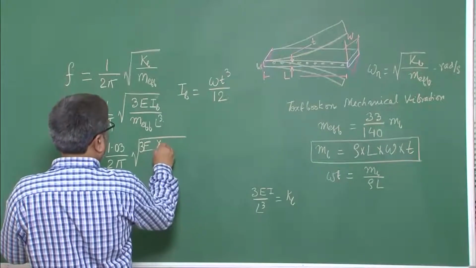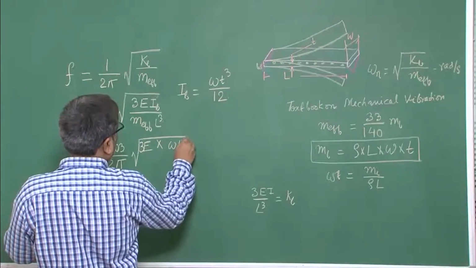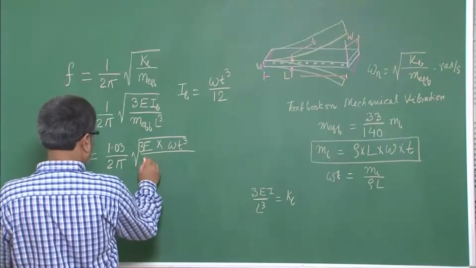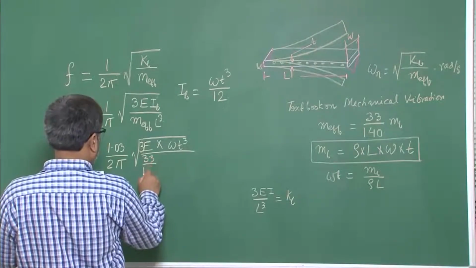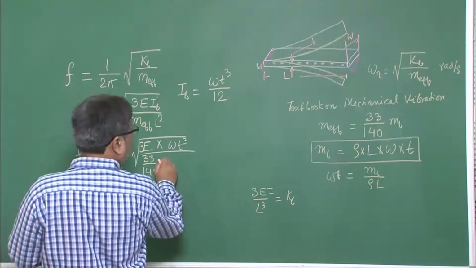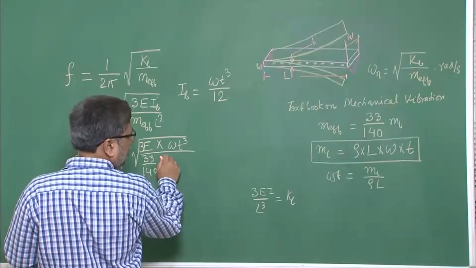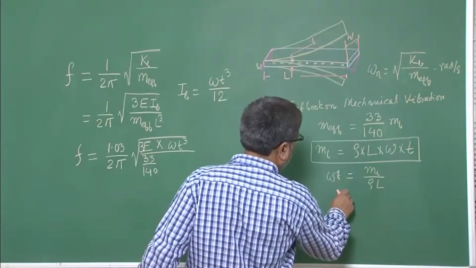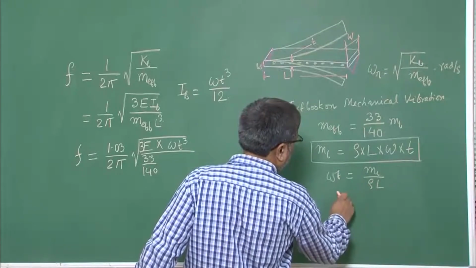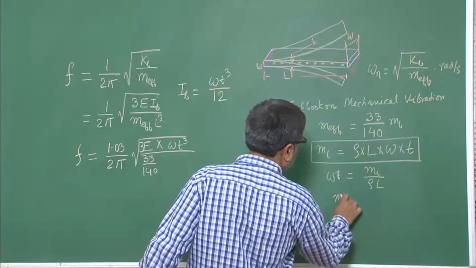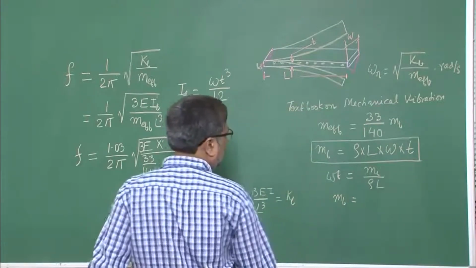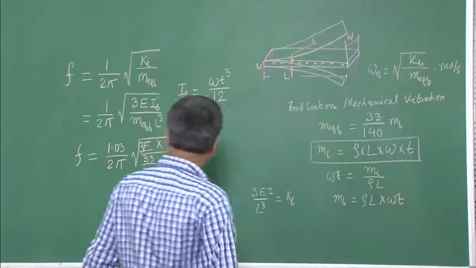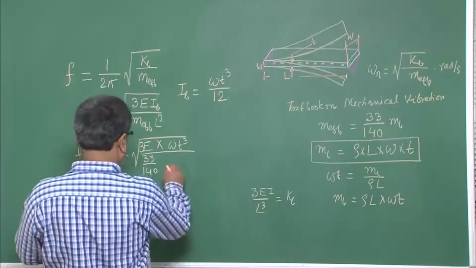Then we have W T cube, then we have M effective, which is 33 over 140, and MB I can write as rho L times W T, right.